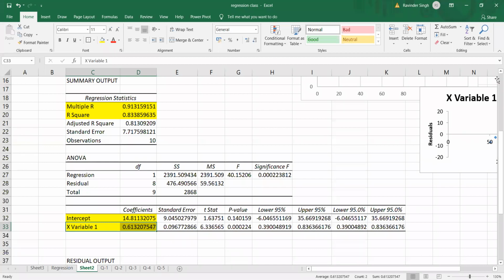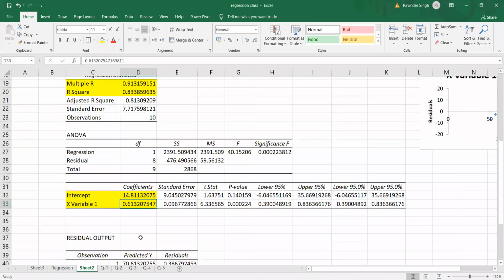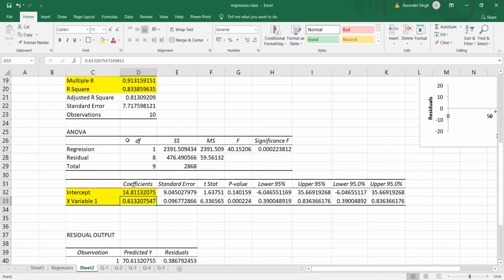Now you see from here that we have got the intercept value 14.811, and we have got the X variable as 0.61320. These two values represent the equation of Y on X. Y is equal to 0.6132 times X plus the intercept.